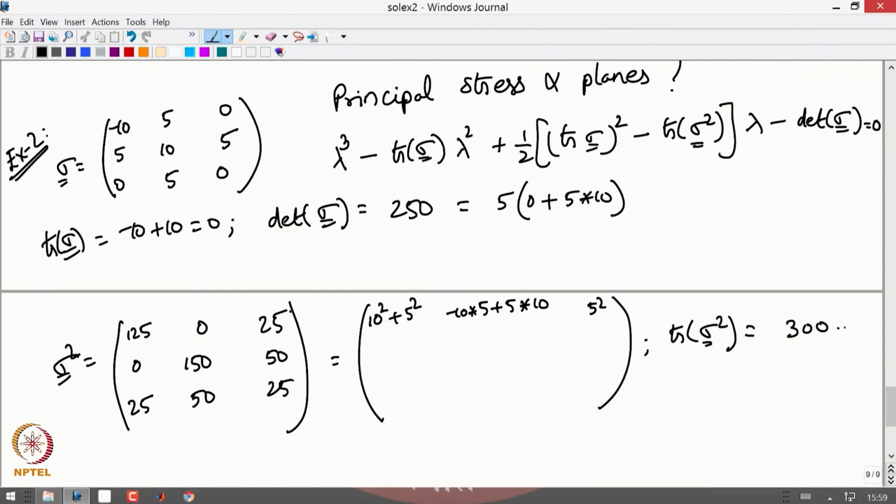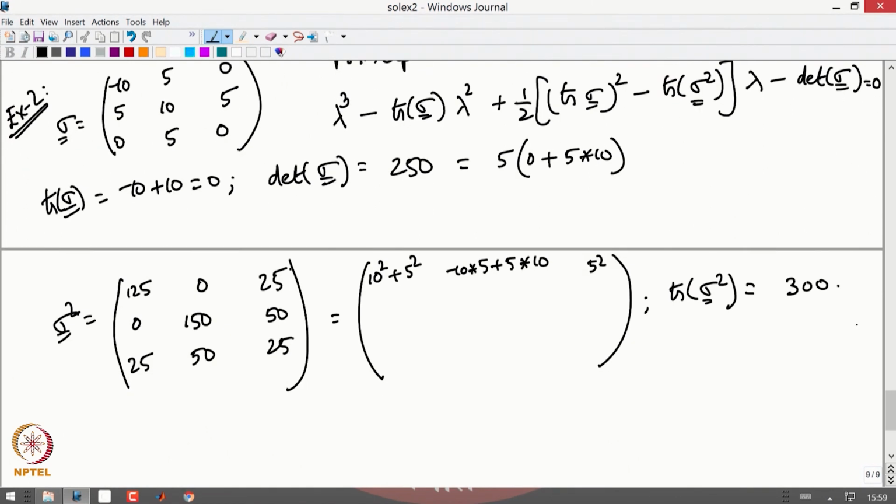Okay. So, my characteristic equation will reduce to lambda cube plus 1 half minus 300 lambda minus 250 equal to 0. Okay.